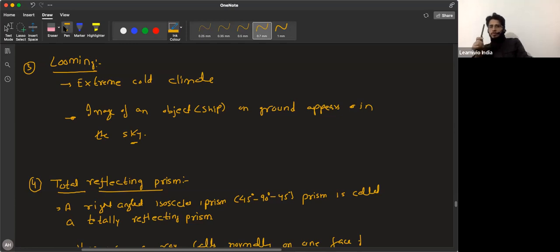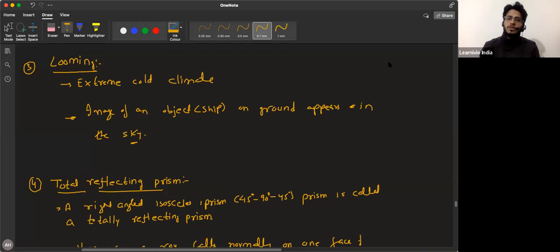Mirage happens in very hot climate, while looming is in extreme cold climate. For mirage, temperature should be very high. For looming, temperature should be extremely cold. Sir, looming is like in the North Pole, South Pole. Yes, looming will be in the North Pole and South Pole.